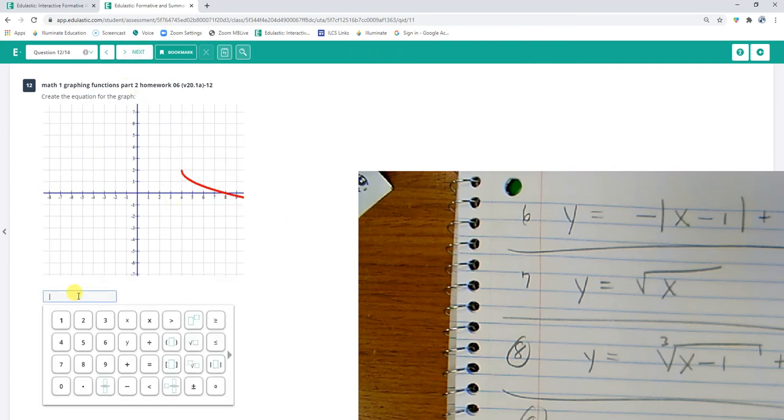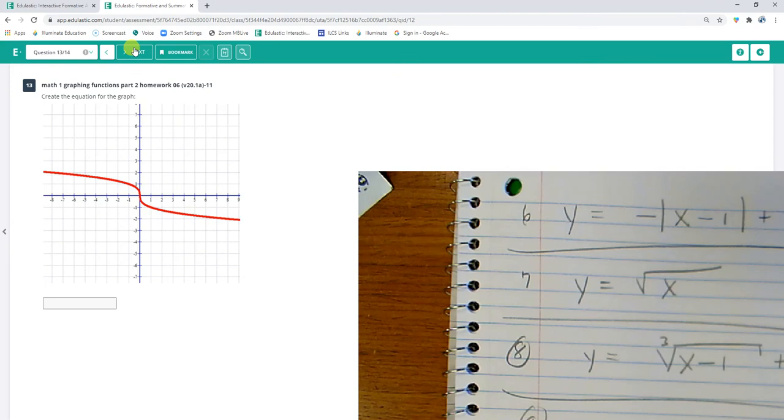Okay, this is a flipped half u, so I'm going to go y equals, here's my flip, half u, x, looks like it's got a shift of 4, so minus 4 to the right, and a shift up of 2. There's my shift up of 2. What do I have here?